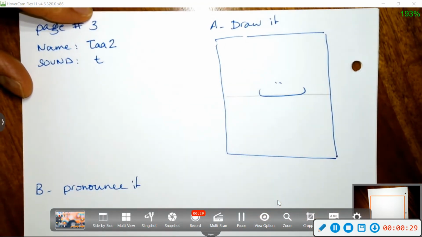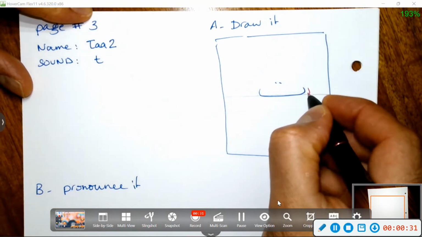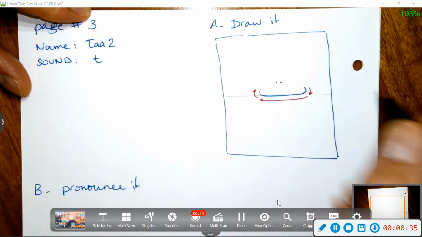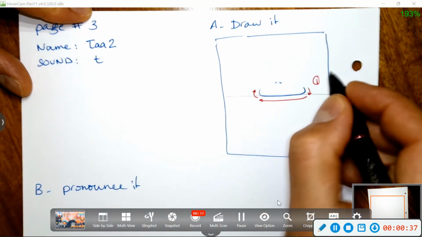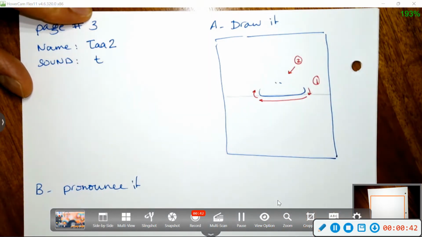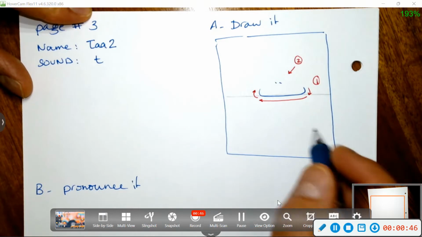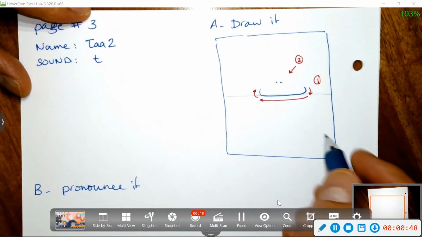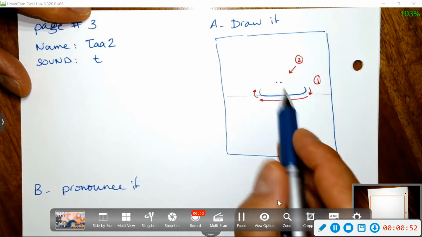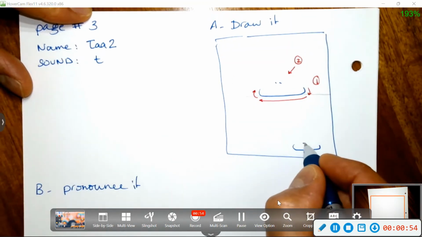Start from the top, all the way, a little bit up. This is 2 dots. Now, for the sake of writing fast, later instead of 2 dots, we're going to use a small line.